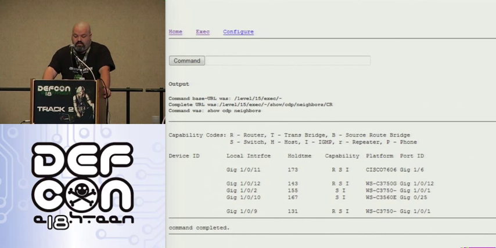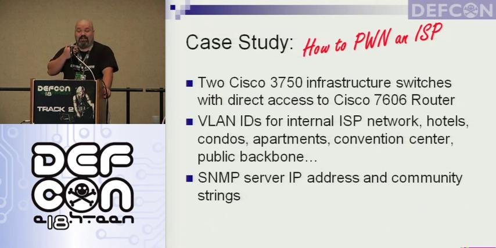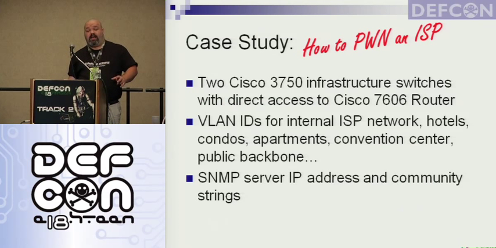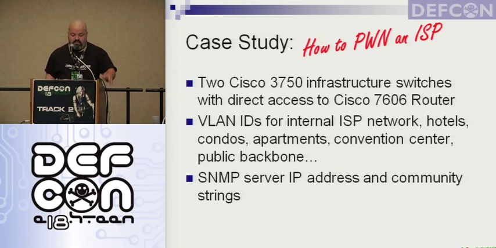And so you can see here that there's a number of 3750 switches, and then there's a Cisco 7606, which is the core router for the ISP, and they were all open. So I looked up the IP address, and it turns out that this was an ISP in Florida, I'll say that. So all these devices were wide open.